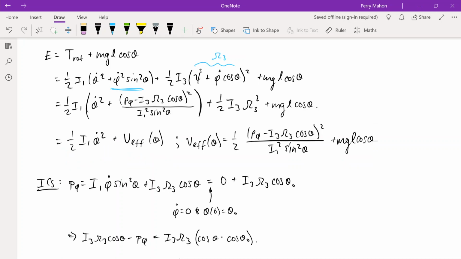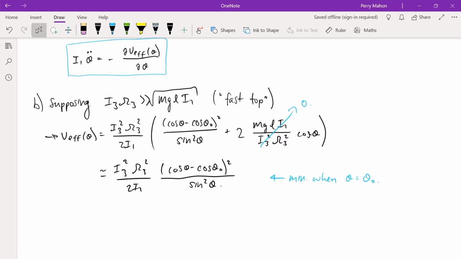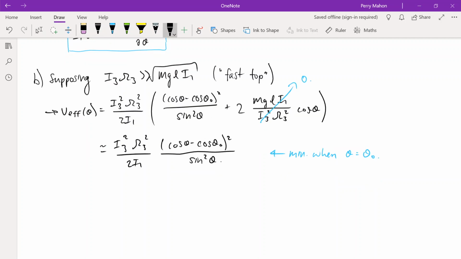As a consequence of that, we want to say that the potential energy is small, and furthermore that it's near its minimum. So what we'll want to do is a Taylor series expansion about theta naught. So again, this is the fast top.